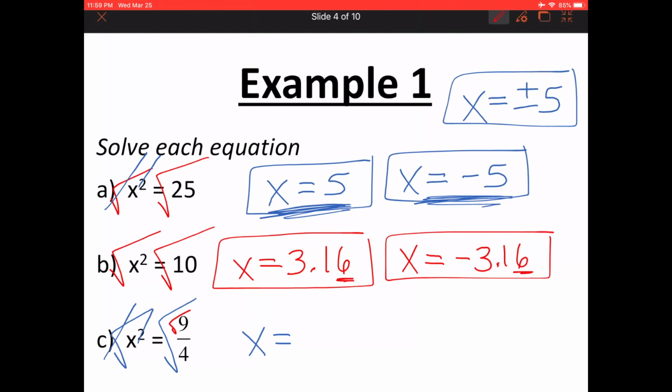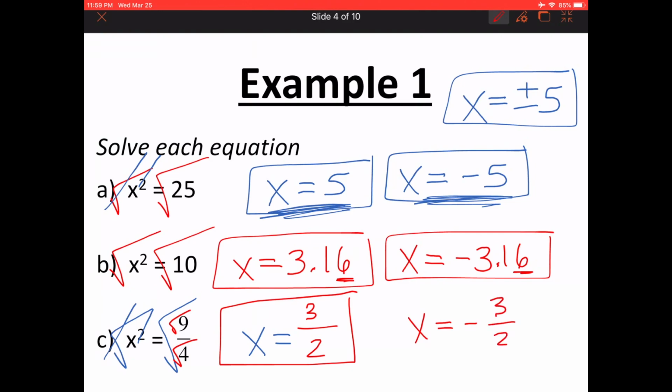Just take the square root of 9, which is 3, and take the square root of 4, which is 2, and there's my answer. X equals 3 over 2, and x equals -3 over 2. Remember, when your problem in math has a fraction, then you want to keep your answer as a fraction. So that's why I wrote 3 over 2 instead of 1.5.